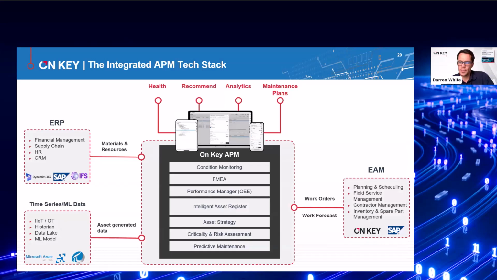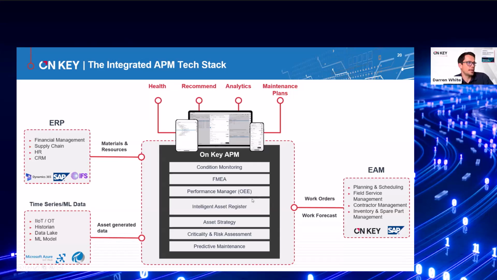Okay, then how does this look in terms of our architecture? Let me start at the top. The outcome of an APM solution is that it should give you an indication of what the health of your asset is, what the recommendation is in terms of your maintenance strategy, what analytics is required to gain insights, and then lastly, a view of your maintenance plans for your assets.